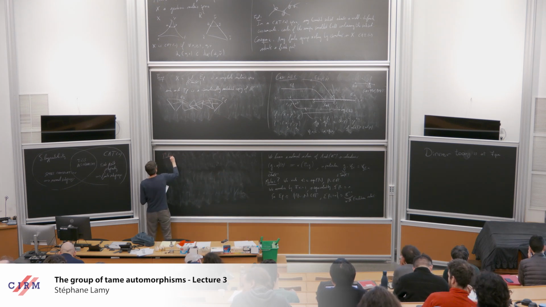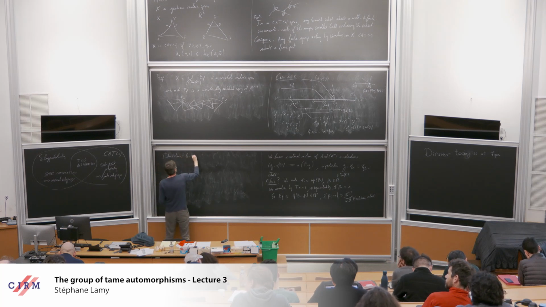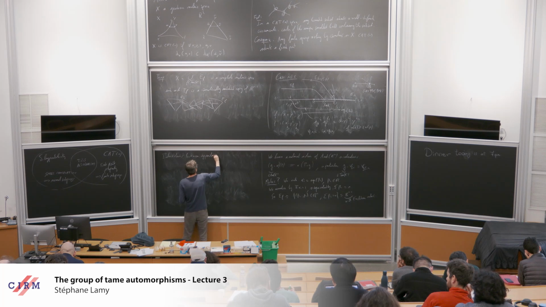We look at the intersection between apartments when n is 3.